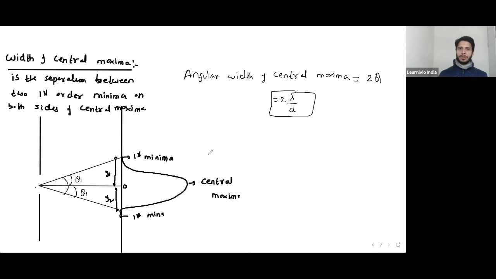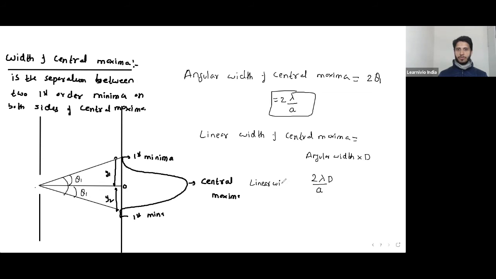Once you have the angular width of the central maxima, you can also calculate the linear width. For linear width, we always multiply the angular width by D. The angular width is 2 lambda by a, multiplied by D. That is the linear width.